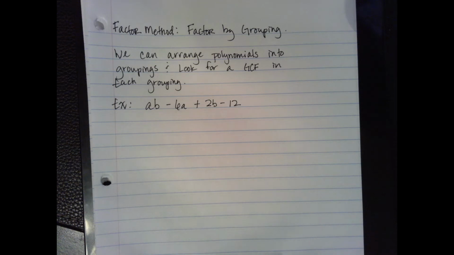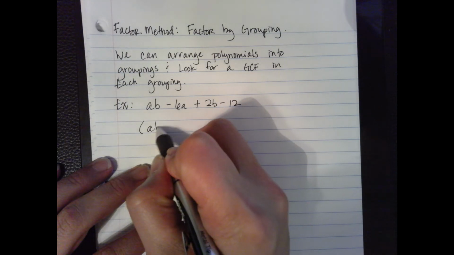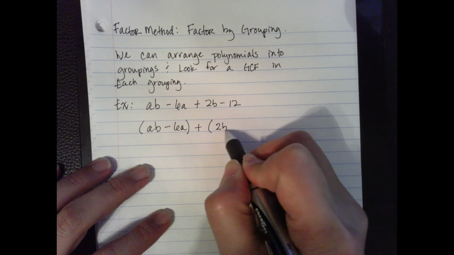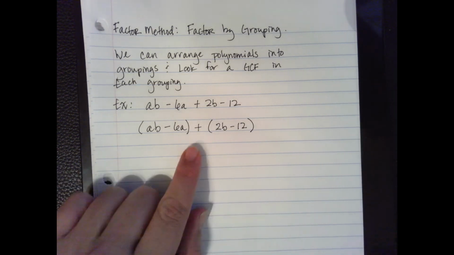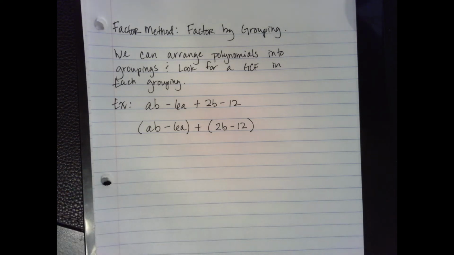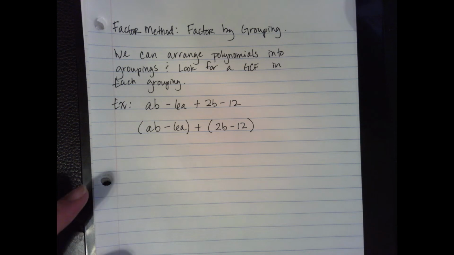I know that's a lot to take in without seeing it. So first we're going to group everything together. Don't forget this plus sign in the middle of your groupings. Our final answer will be like before. We'll be seeing only multiplication. So now I look for a GCF in each group.